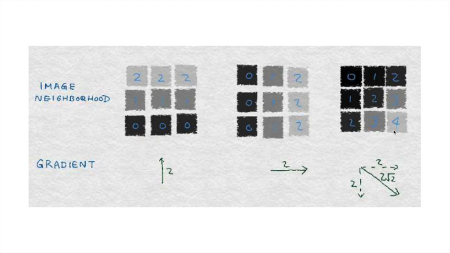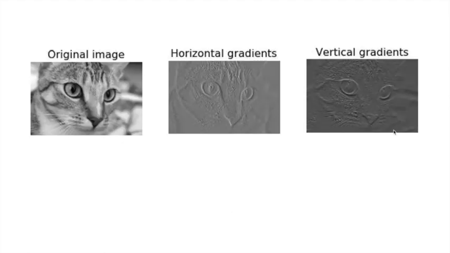The definition works on this toy example, but does it work on a real example as well? This figure shows an example of a cat from scikit-image, and its horizontal and vertical gradients. Since the gradients are computed at every pixel location of the original image, we end up with 2 new matrices, each of which can be visualized as an image, as you see here.